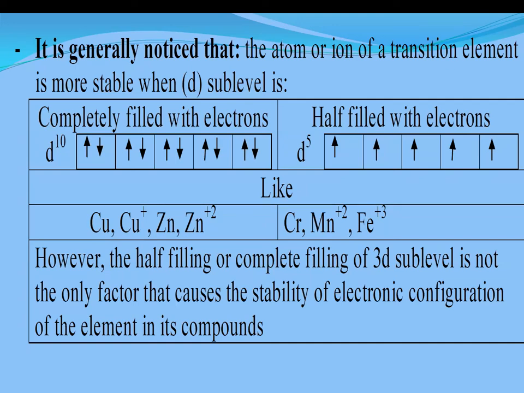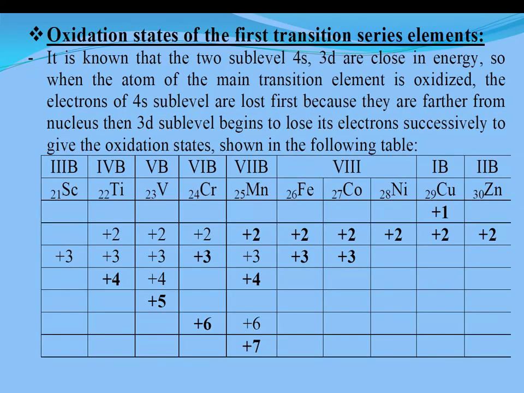However, the half filling or complete filling of the 3d sublevel is not the only factor that causes the stability of the electronic configuration of the compounds. Let's talk about the oxidation state of the first transition series. It's known that the 4s sublevel is saturated by 2 electrons, and 3d is saturated by 10 electrons, and both 4s and 3d are close in energy level.